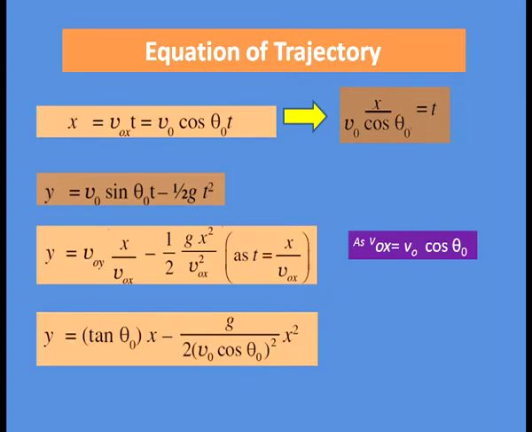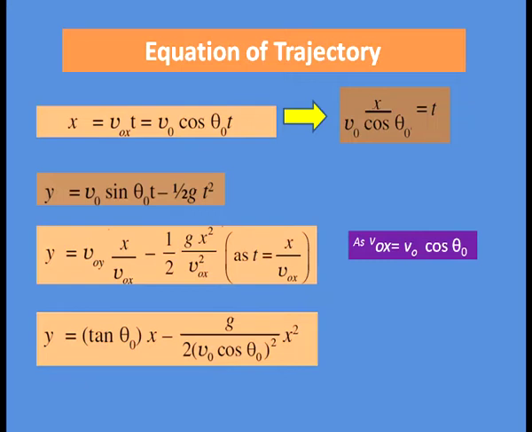Now, simplifying this, we get x divided by V0 cos theta 0 equal to t. Putting this value of t in the equation for y, that is the distance covered in vertical direction. As we know, y equal to V0 sin theta 0 t minus half gt square. So, in place of t, we can put x divided by V0 cos theta 0.